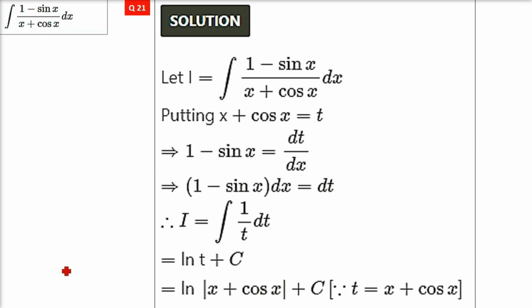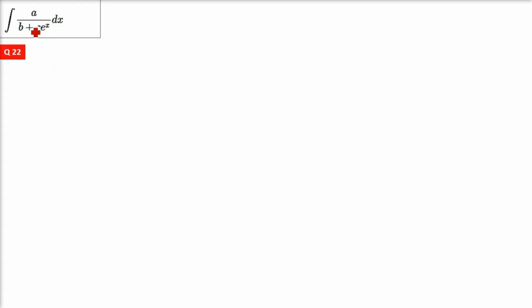Now this is the way you are going to put this thing on paper using your pen, and please write let, putting, all this has to be done. Now this type of question, there are a few questions of this same sort. Even if you write b plus c e raised x as some t, you won't get anything in the numerator. But one thing is very clear, when e raised x comes, the differentiation of e raised x is e raised x only.